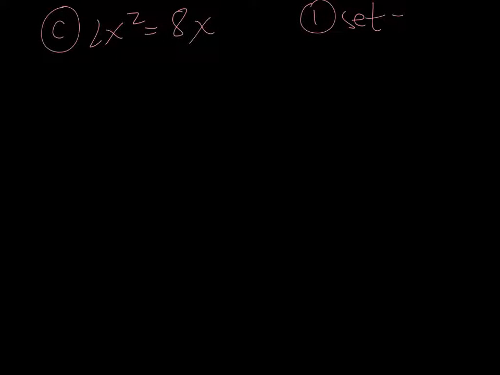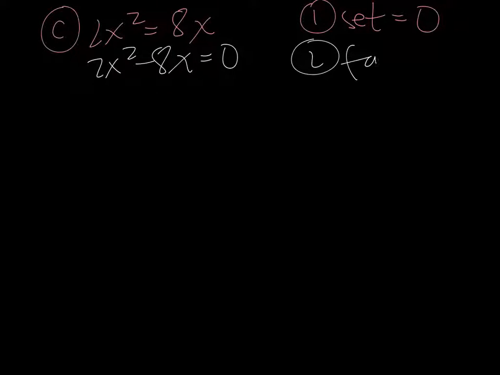Let's do a couple more examples. Still solving by factoring. Now again, number 1, always set equal to 0. So we subtract 8x, set it equal to 0, and at this point, once you have set it equal to 0, try to factor.